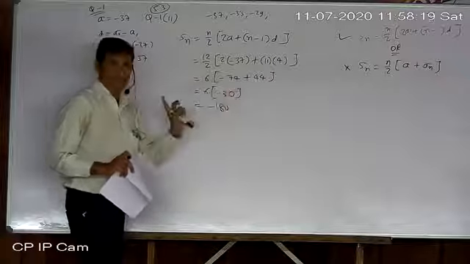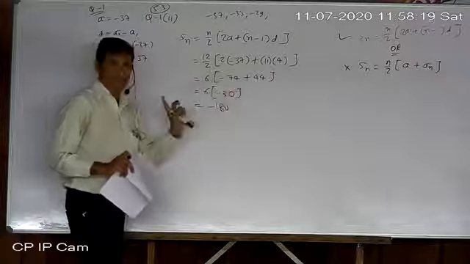Now the remaining two questions are in homework: exercise 5.3, question number 1, parts 1 and 3. Now look at the second question. There is also a sum. Find the sums of the given series, but there is a plus sign given, so both are the same only: 7 plus 10.5 plus 14 plus dot dot dot plus 84.